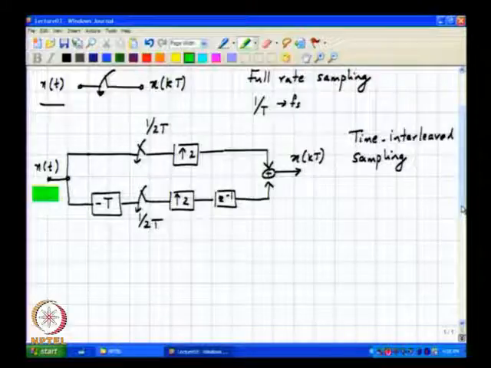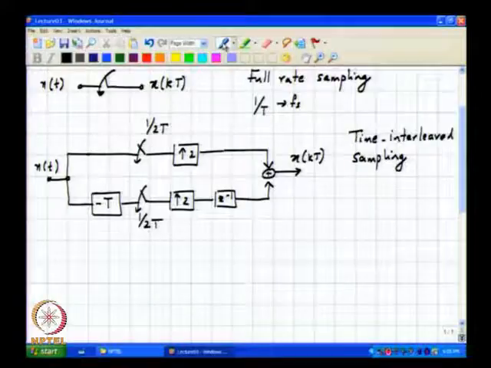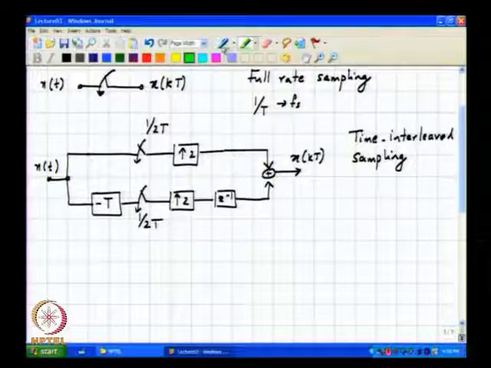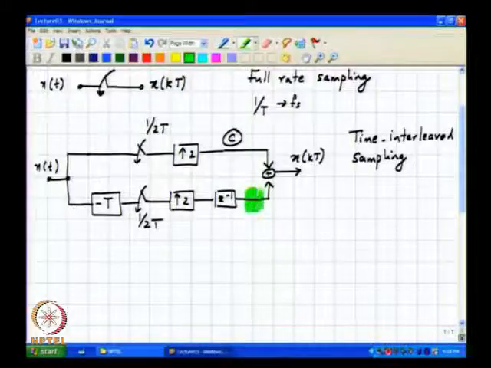Can somebody please remind me what we called these points, to be consistent with the notation used last time? What did we call this point? Okay, so this was called point C. What about this point?